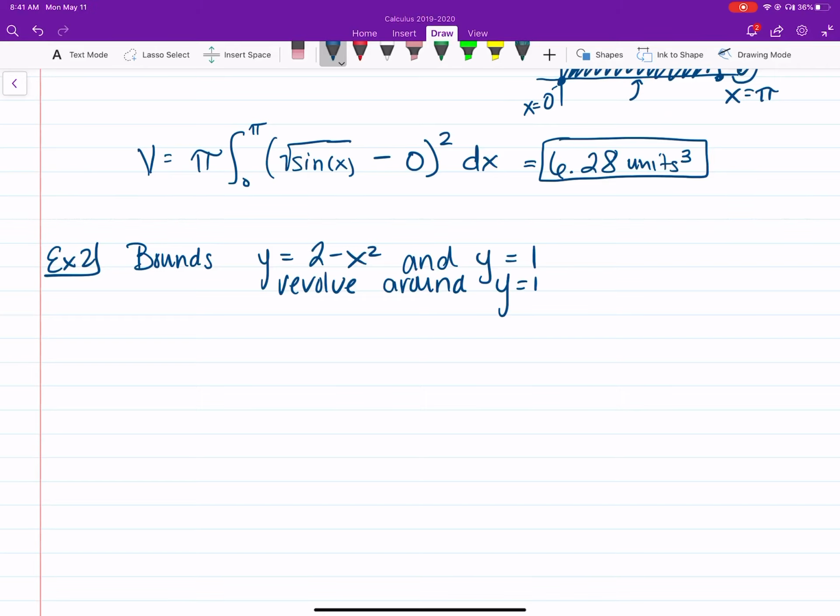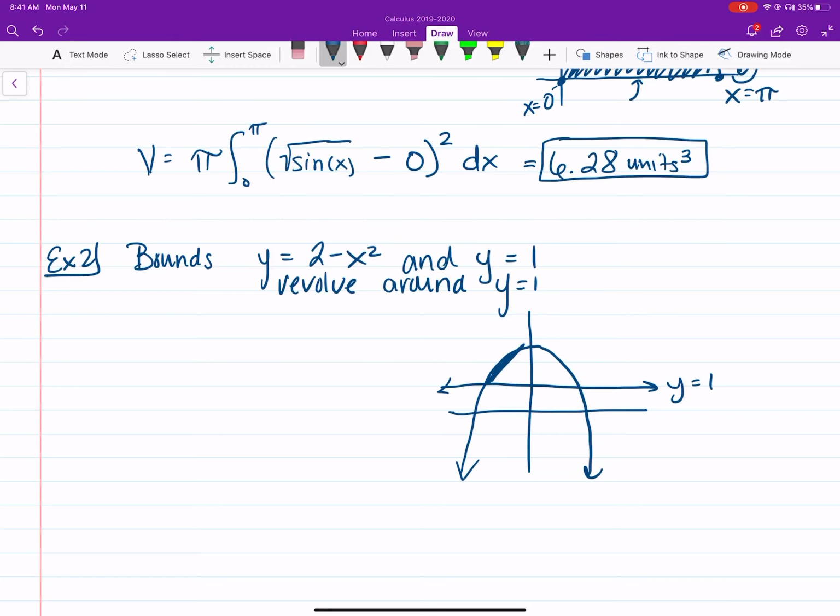Sketching my graph again, here's y equals 1, and here would be 2 minus x squared, upside down. Here's our shaded region.